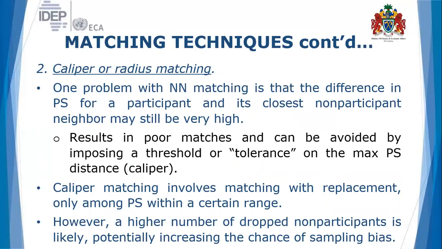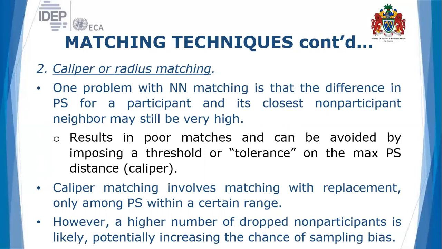The result is poor matches, which can be avoided by imposing a threshold or tolerance on the maximum propensity score distance, which is called a caliper. So instead of just comparing nearest neighbors whose distance may not be very close to the treatment group unit, the caliper method imposes a limitation, a threshold, on the propensity score distance.